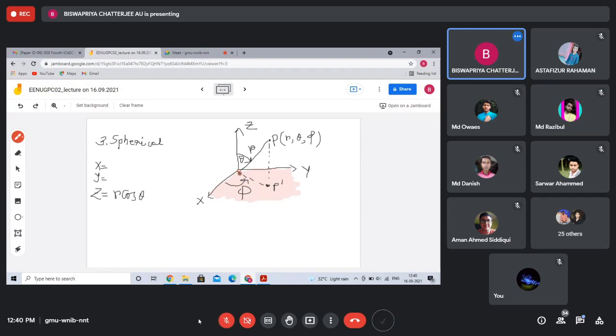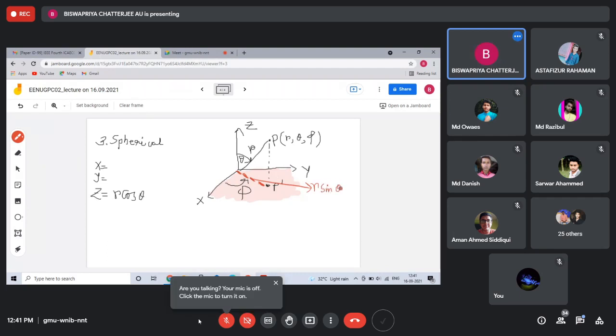That means it is r in case of cylindrical system. Now it is not r in case of spherical system. So this line is nothing but r sin theta.